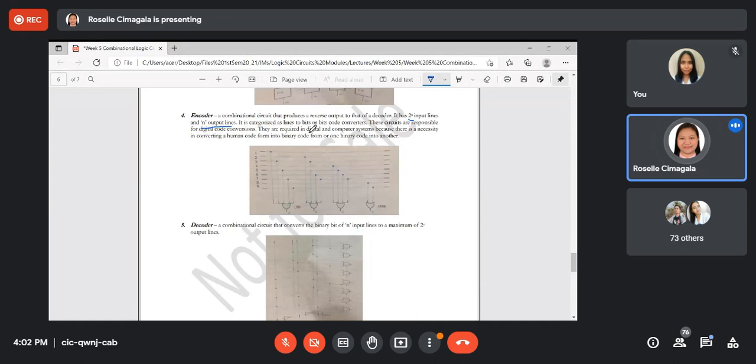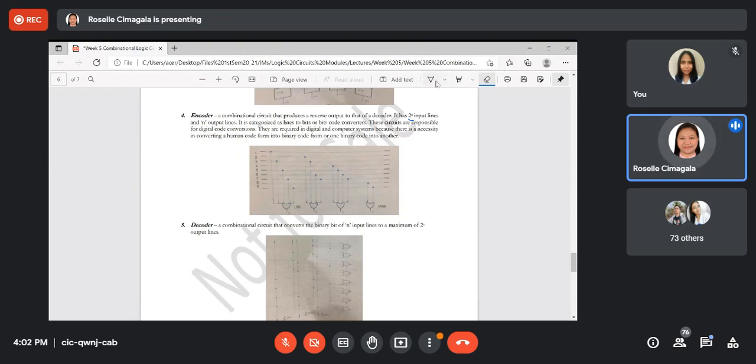Opposite si encoder, no? It's categorized as lines of bits or bits code converter. And these circuits are responsible for digital code conversion. Magamit ni siya sa atong digicom, si encoder-decoder, no?